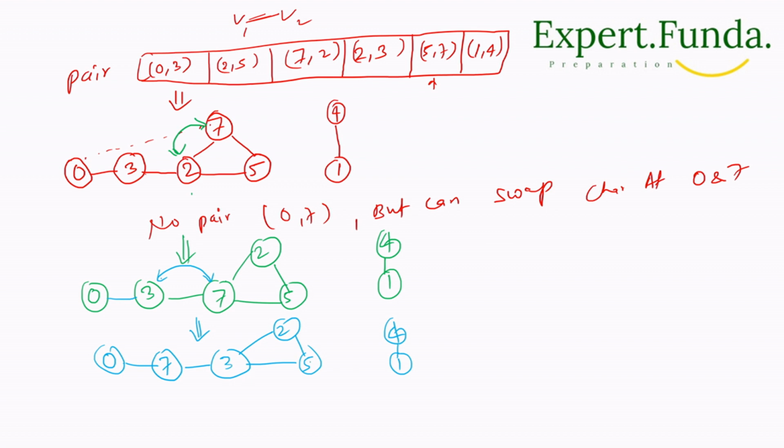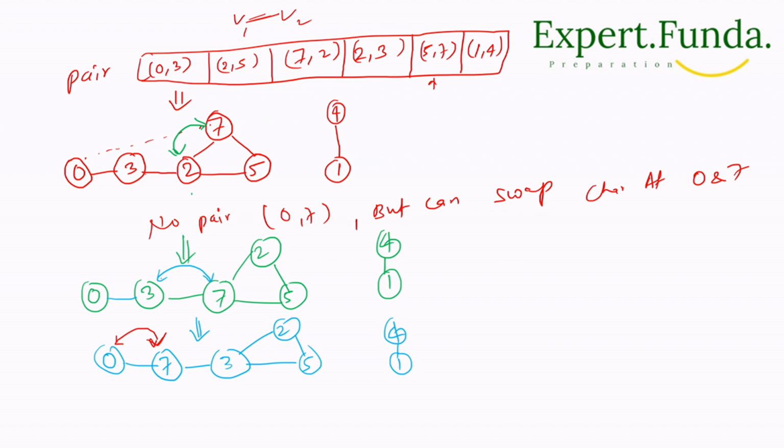So if I go back here in the red color, now you can swap these two, 0 and 7, correct? This will be our approach.